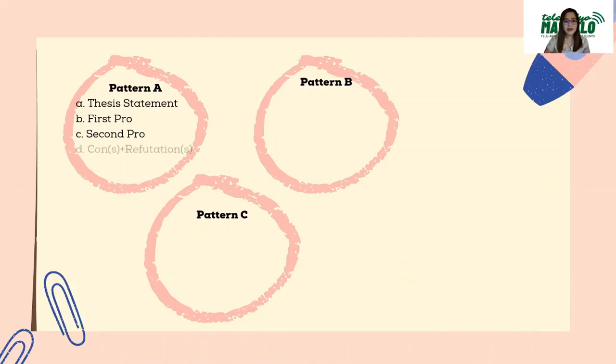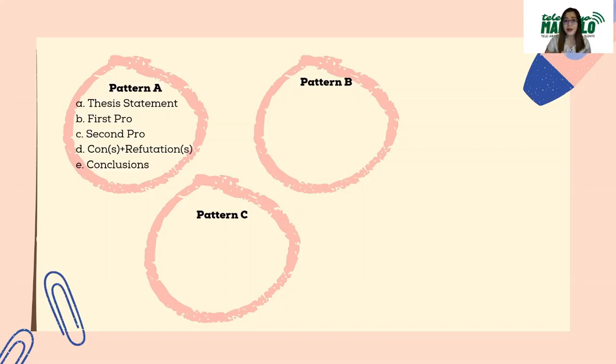And then we could also include the cons or the opposing ideas plus our refutations. And then lastly, we should include our conclusions. So that is for pattern A.